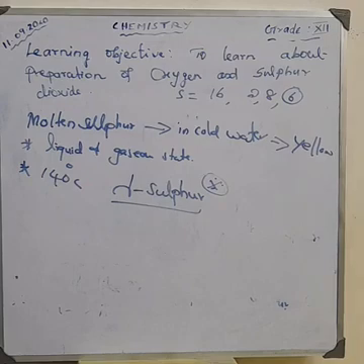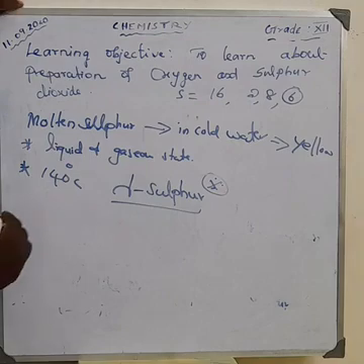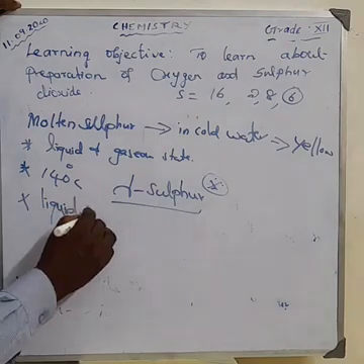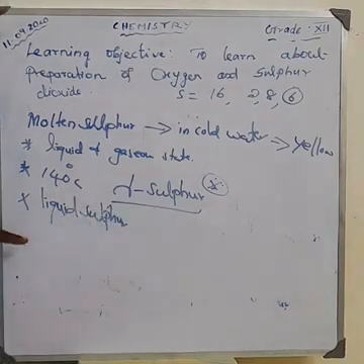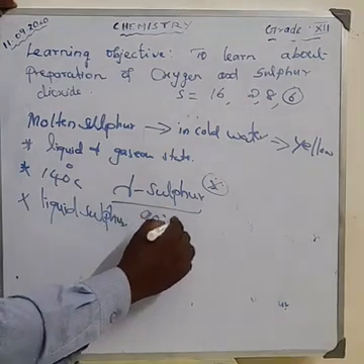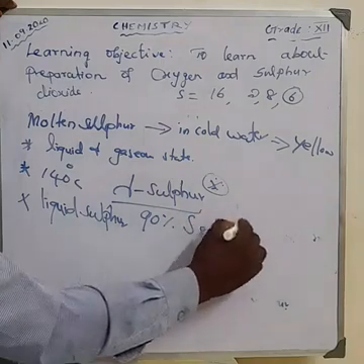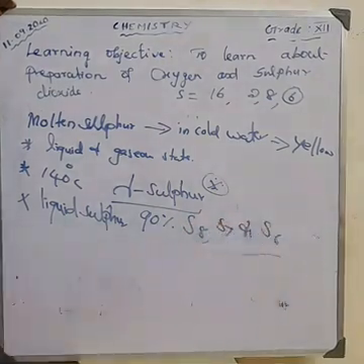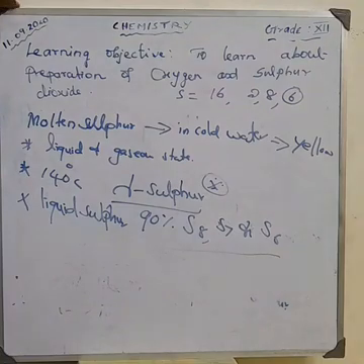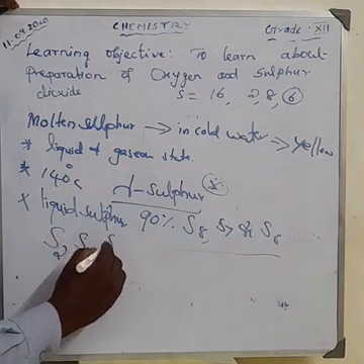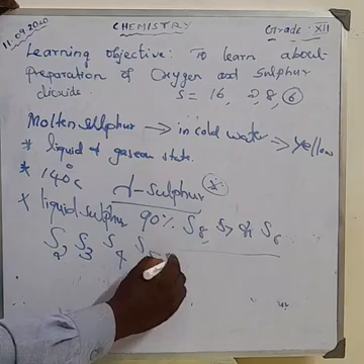Okay, about the liquid sulfur: here the liquid sulfur consists of 90% S8, S7 and S6, and a small amount of mixture of S2, S3, S4, S5 molecules.